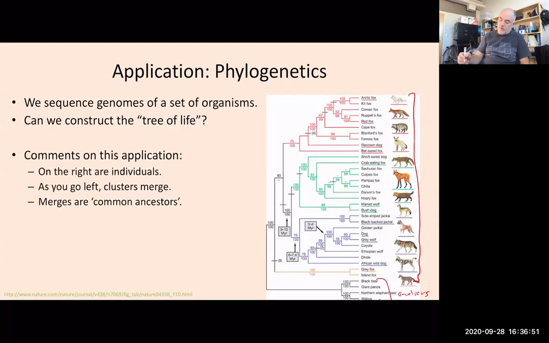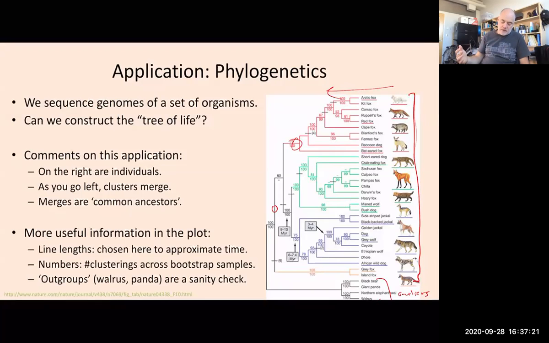On the right here are individuals, and as you go left, the clusters merge, and the merges are some sort of common ancestor. A common ancestor between all of the foxes of a particular kind, and wolves and dogs, and jackals and wolves, and so on. Somewhere back in time, there was an ancestor that gave rise to them all.